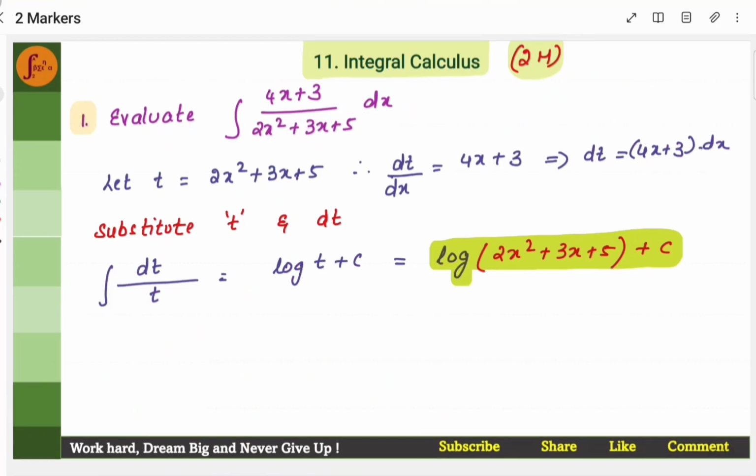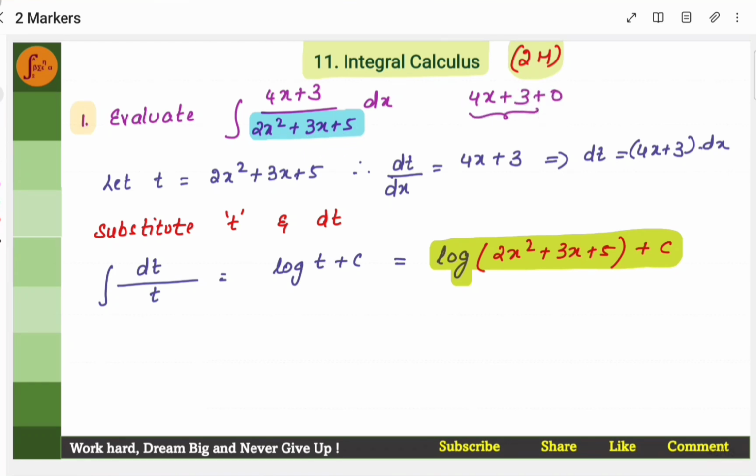Evaluate this particular expression. You'll always have to check if there is a derivative and function together. If you notice, this is the function. The derivative of this function is 4x plus 3, right? What is the derivative of 2x square? It is 4x. What is the derivative of 3x? It's 3. What is the derivative of 5? It's 0.